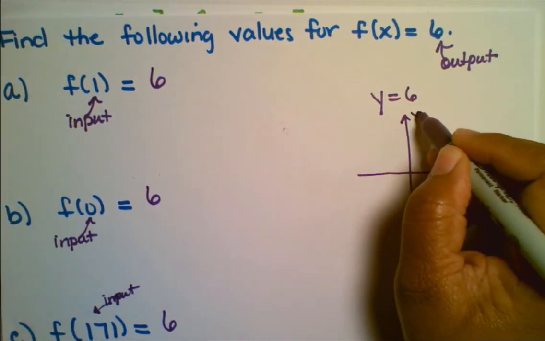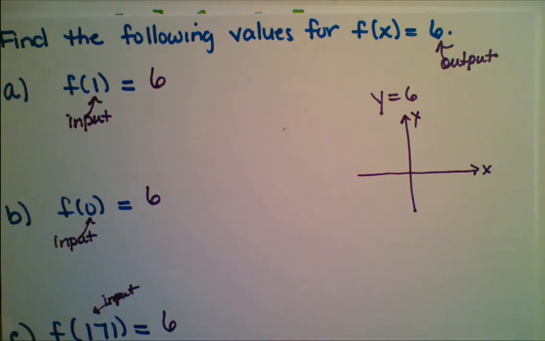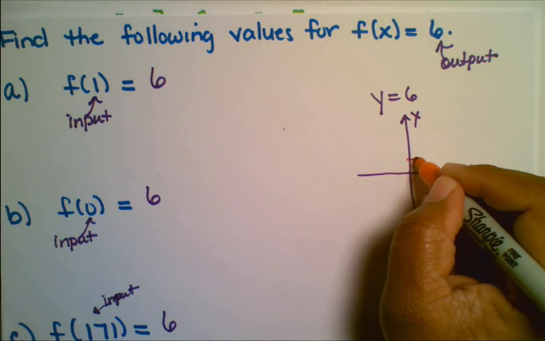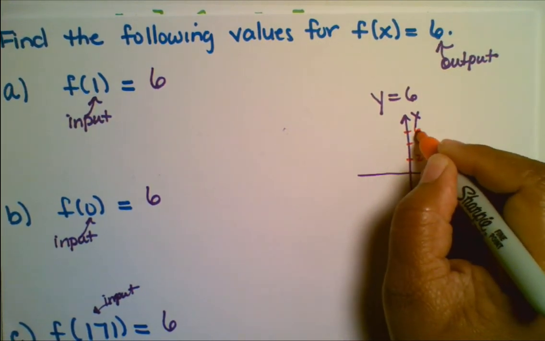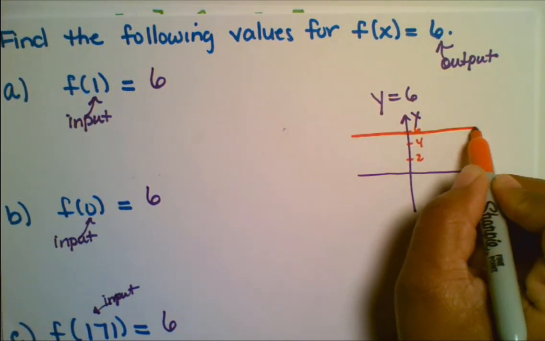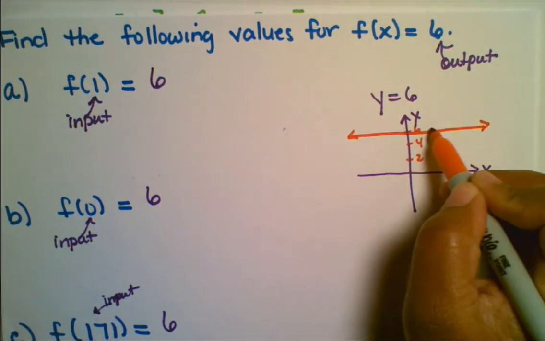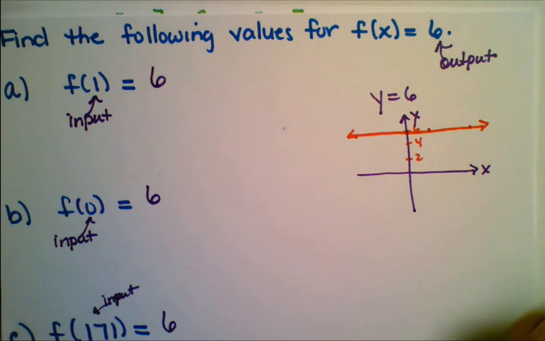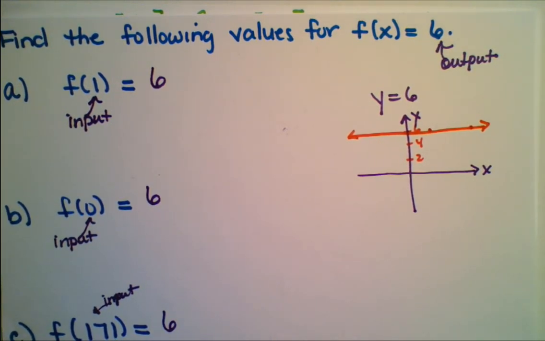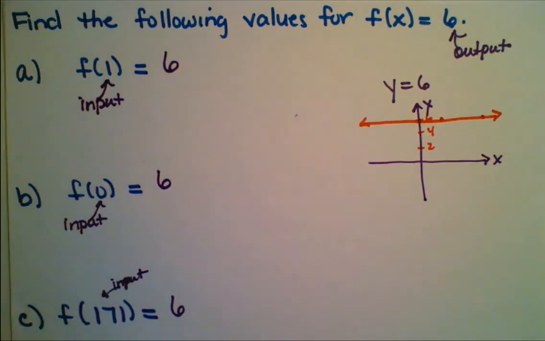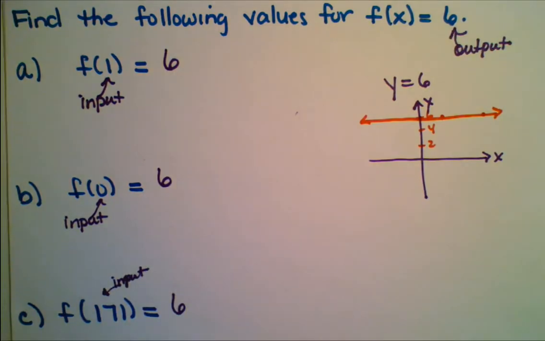Here's what the line would look like. It will look something like this. And here is 0, 6, 1, 6, 171, 6. I'm saying this as an ordered pair. So our solution for each of these will be 6.